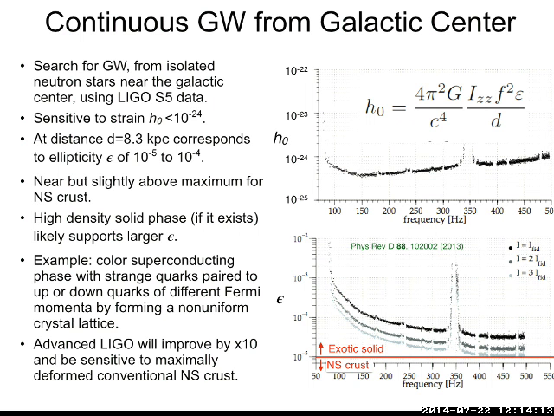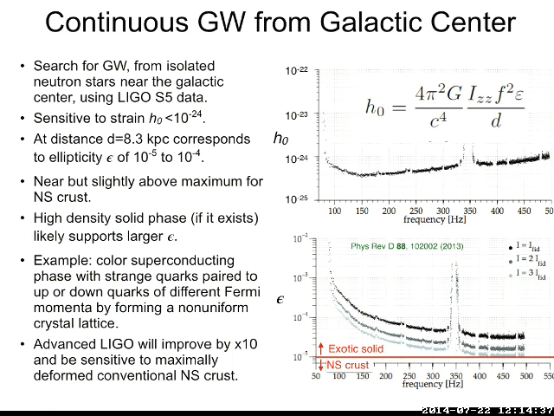So the 4-kilometer arms of LIGO are changing by this silly number, 1 part in 10 to the 24. And this upper limit on the strain corresponds to limits on the ellipticity of 10 to the minus 4 to a few 10 to the minus 5.